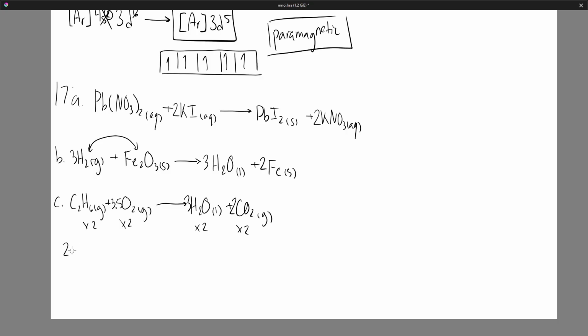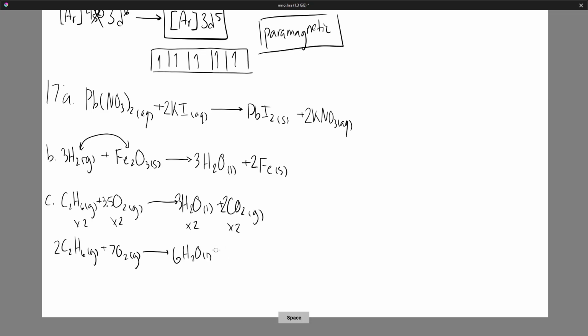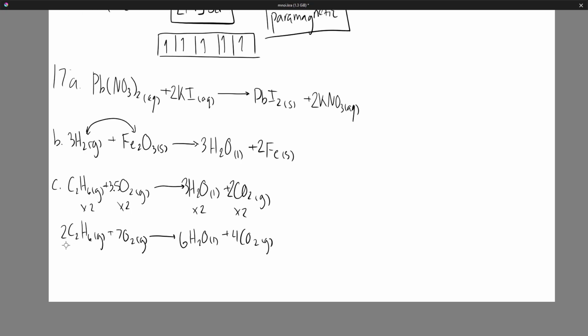So that makes 2 ethanes plus 7 oxygens, 6 waters, and 4 carbon dioxides. So that should be good. Let's just double check.